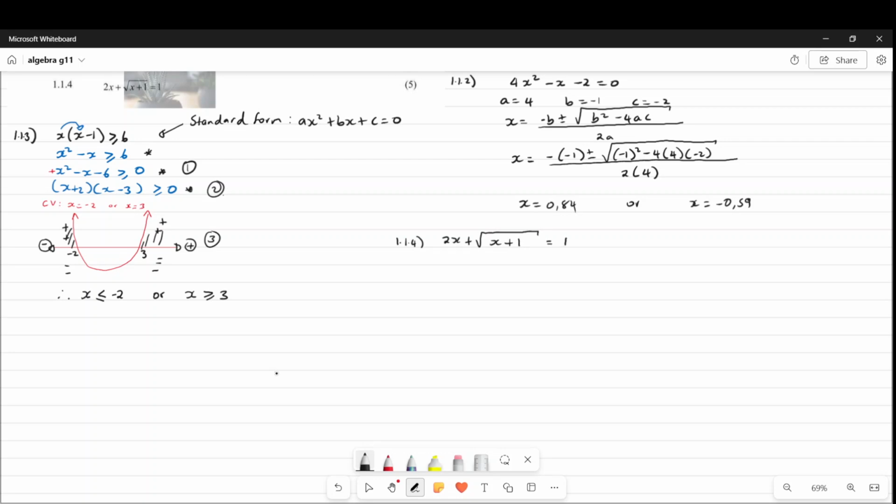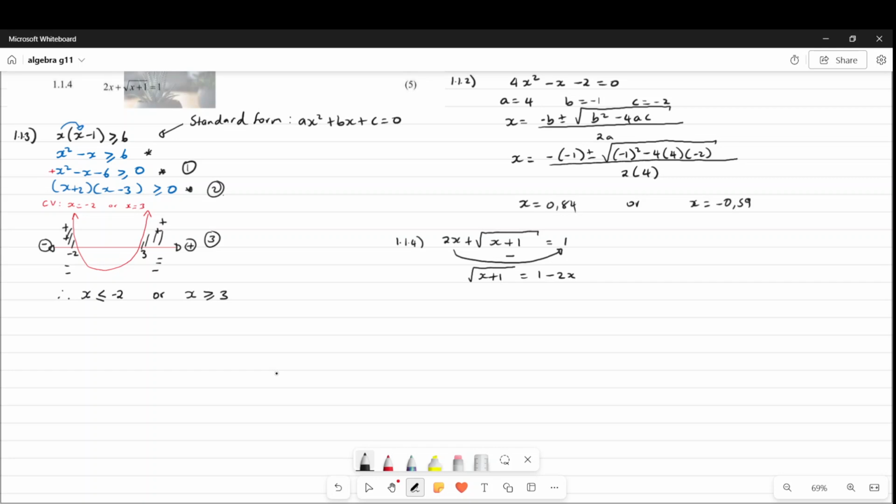Whichever terms have a square root, you have to put on one side, and the values that don't have the square root, you put on the other side. So the first step is to transpose the 2x to this side, and it becomes a minus. So you'll be left with the square root of x plus 1 is equal to 1 minus 2x, right?